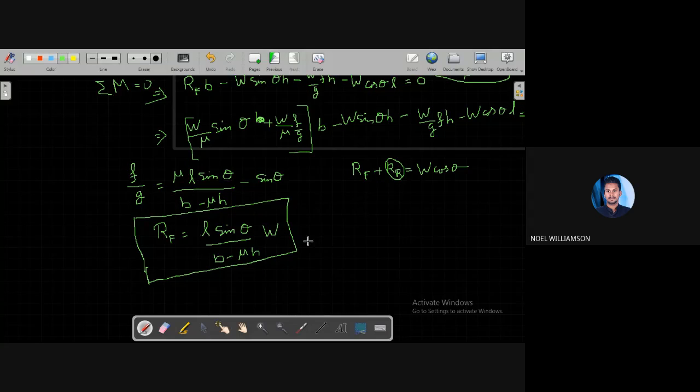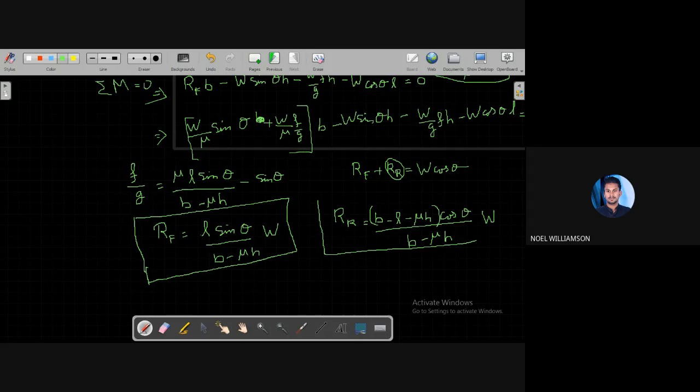So while substituting and simplifying, we will get RR equal to B minus L minus mu H into cos theta by B minus mu H into W. Okay, these are the relations.